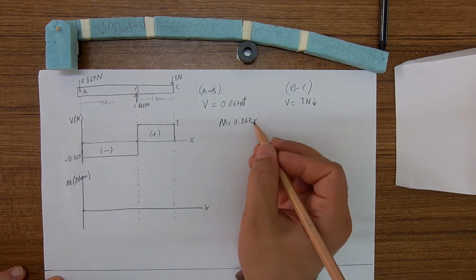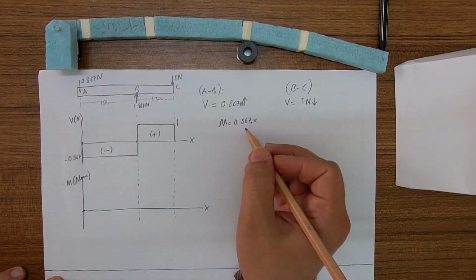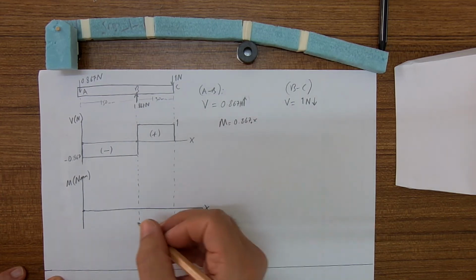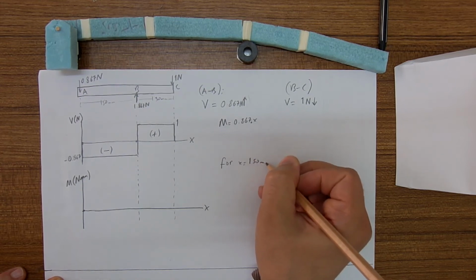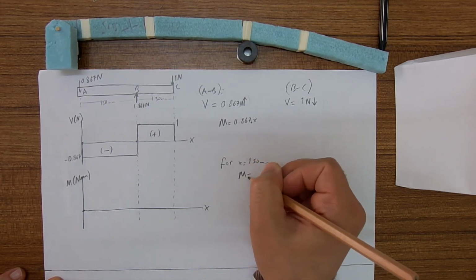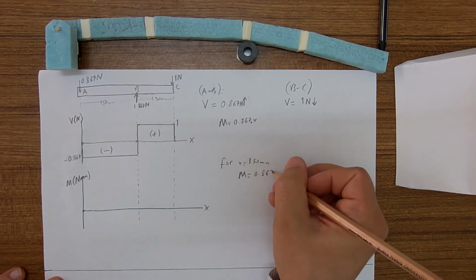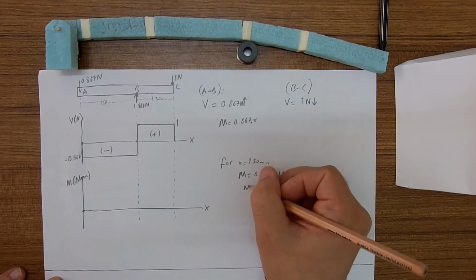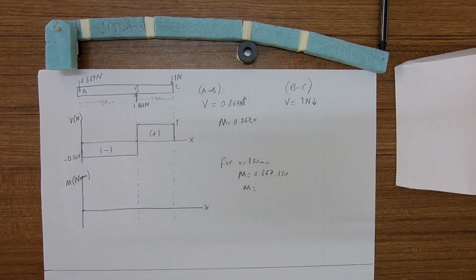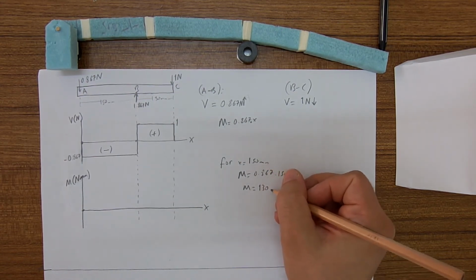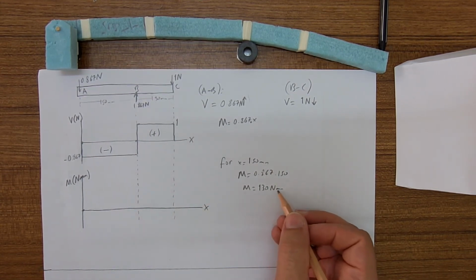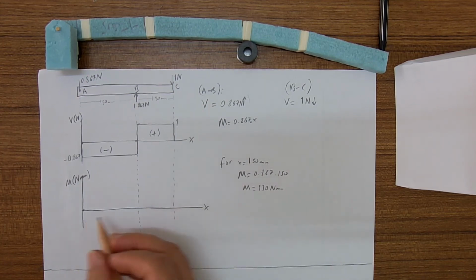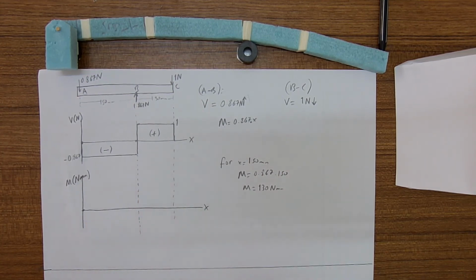And what is moment when x is 150? For x equal to 150 millimeters, M is equal to 0.867 times 150, which is 130 Newton millimeters. But will it be here or here? It will be here. Why?